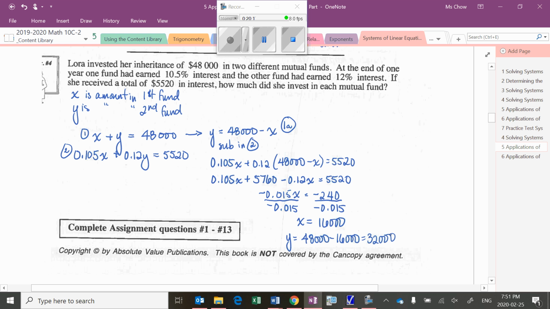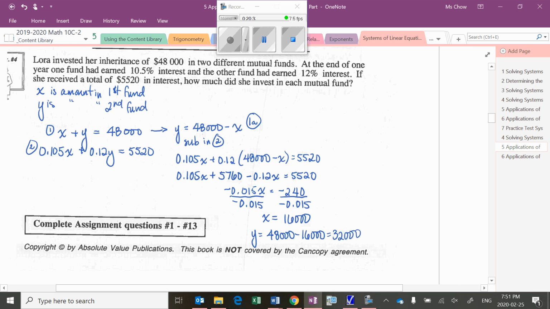And so we can take a look at doing a check. Our verification would mean, does the total add up to 48,000? Yes, absolutely. Let's take a look at the interest piece of that.